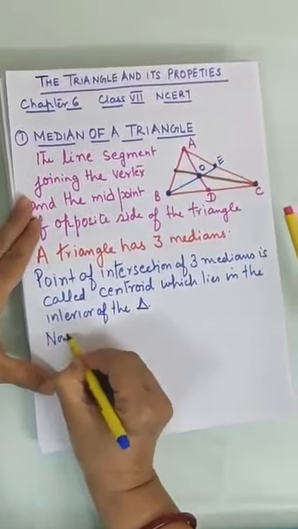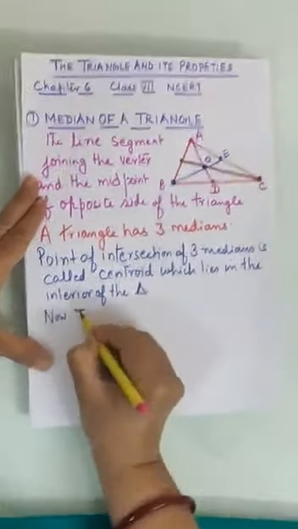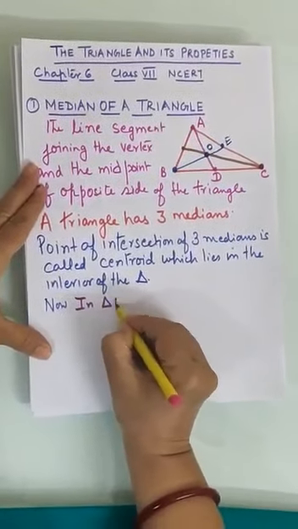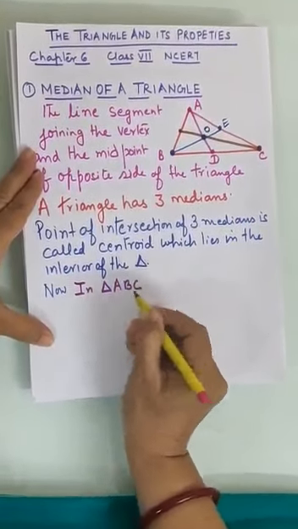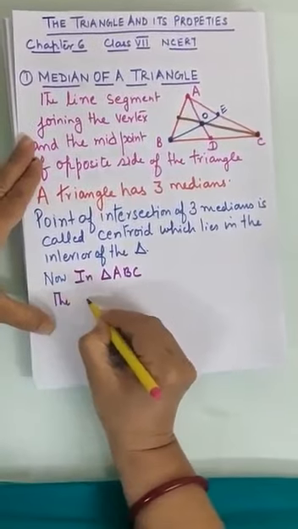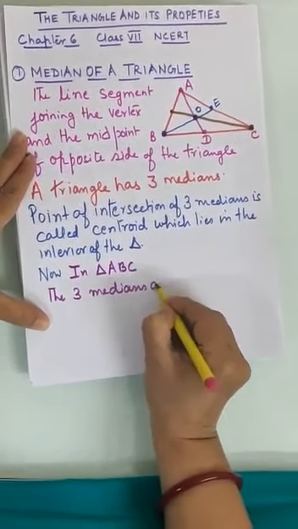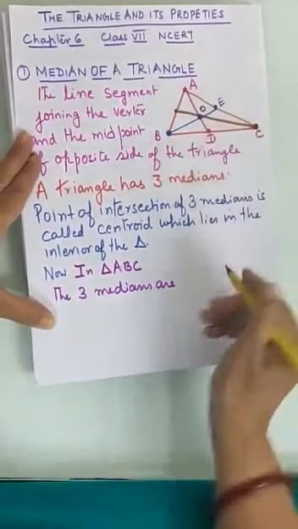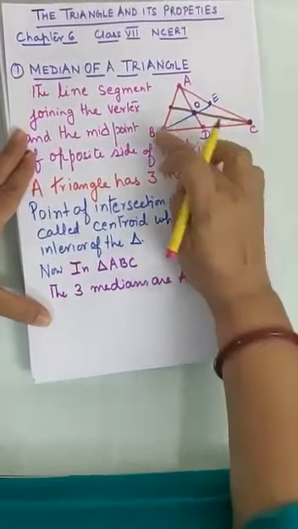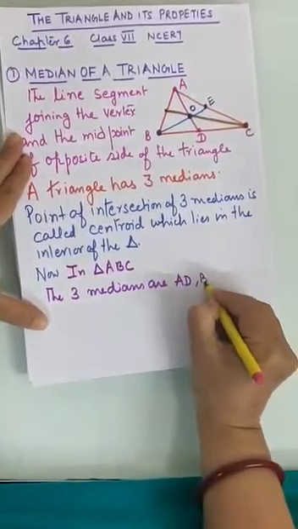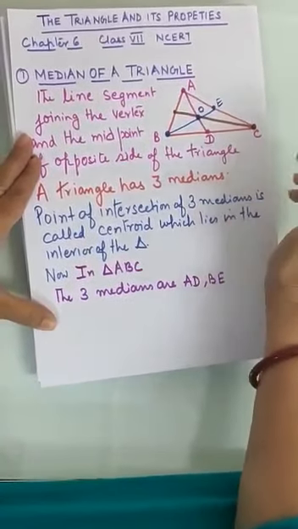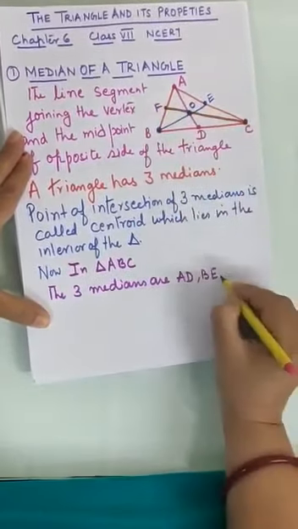Now in triangle ABC, the three medians are AD, BE and CF.